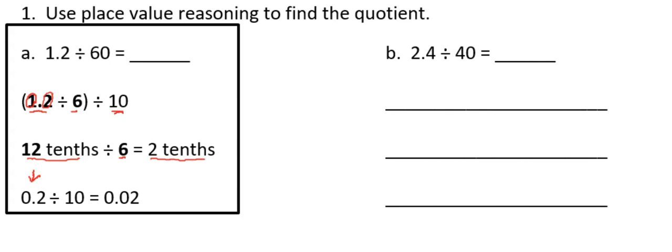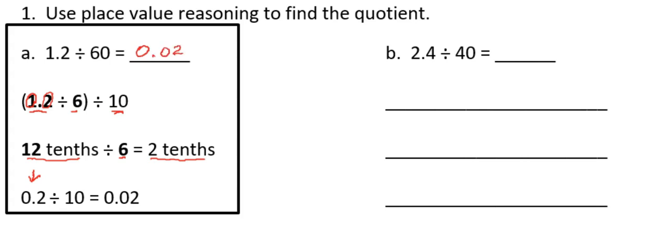So if we look at our answer, 2/10 becomes 2/100. So the 2 moved to the right 1 place value, because when I divide by 10, that number becomes 10 times as small. So 2/10 divided by 10 is 2/100, and that's my final answer. 1 2/10 divided by 60 is 2/100.